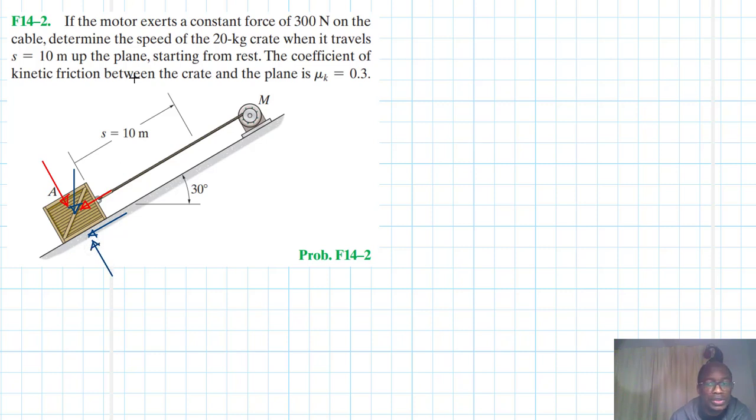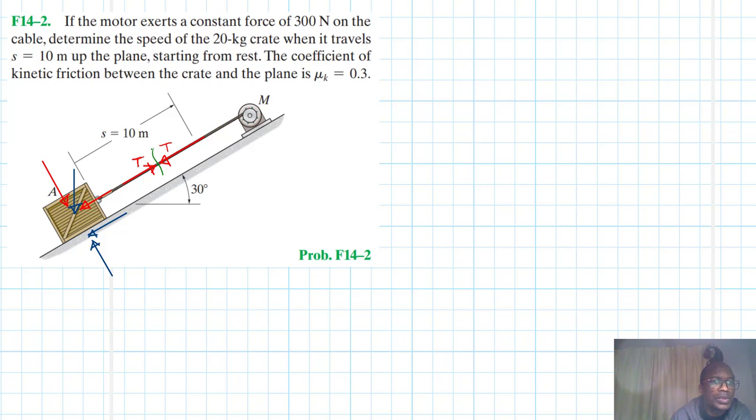Then if we section this somewhere there, we'll have tension here. Let's call this T, and this tension is constant.